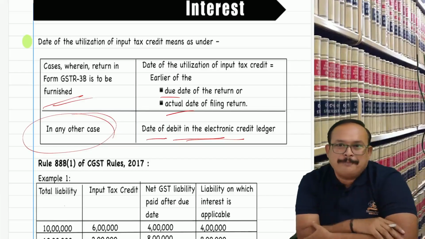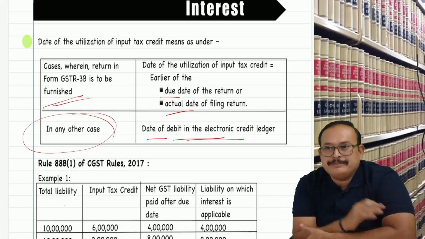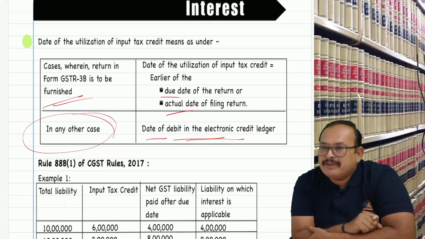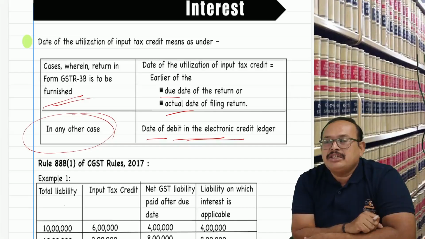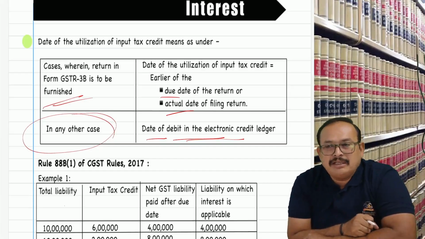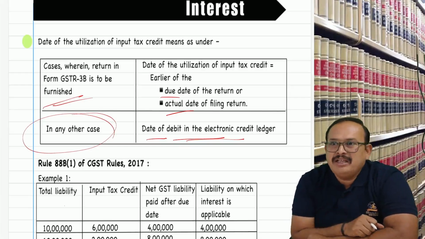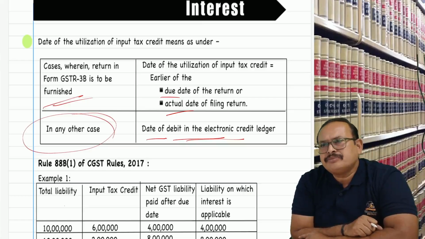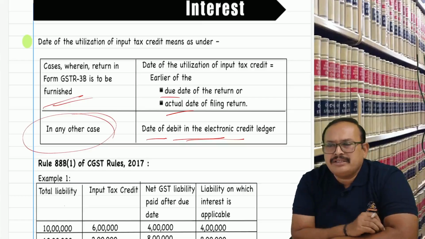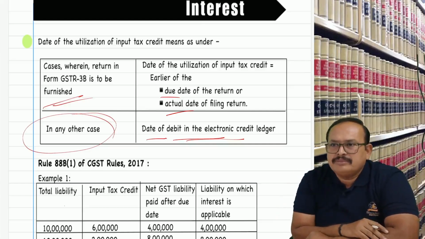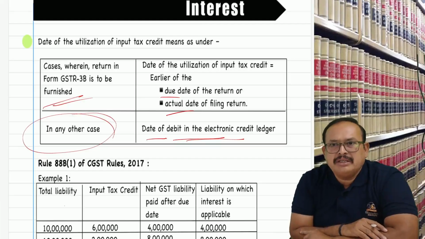Now you tell me. My liability for the month of April is 15 lakhs. I have a credit with me of 5 lakhs, wrongly availed.